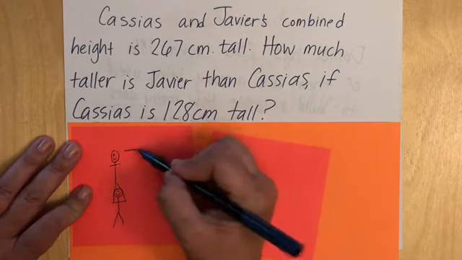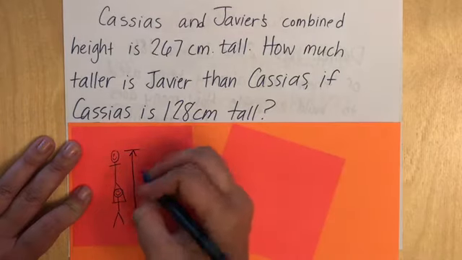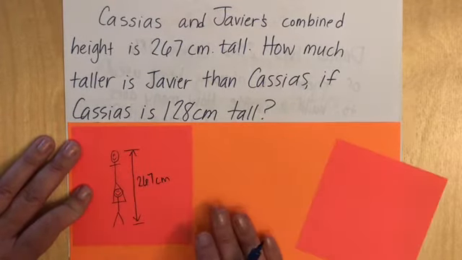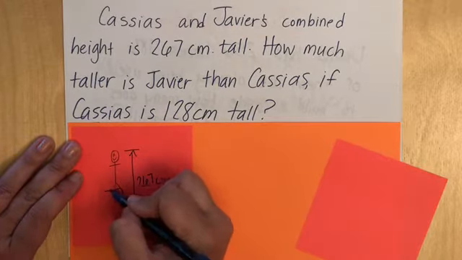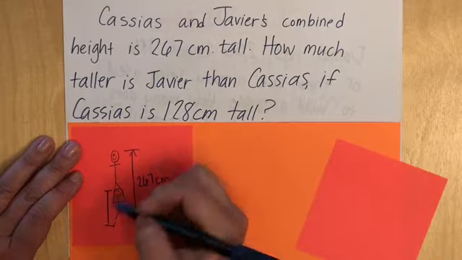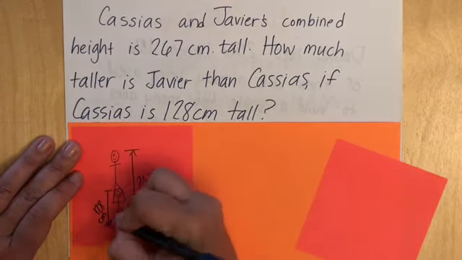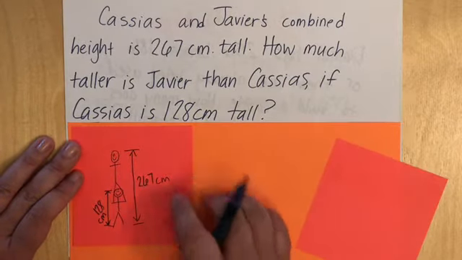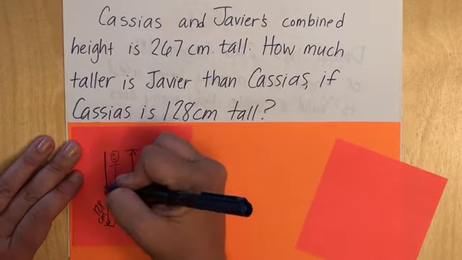And I know from here to here, it would be 267 centimeters. And I know that Cassias, so if this is Cassias right here, he is 128 centimeters from here to here. So how much is his friend? So that would be the remainder of this height right here.